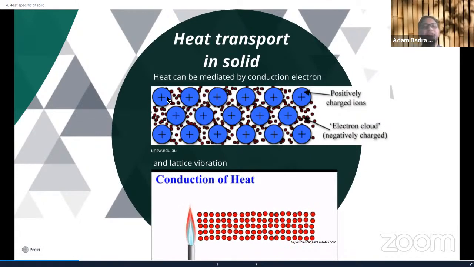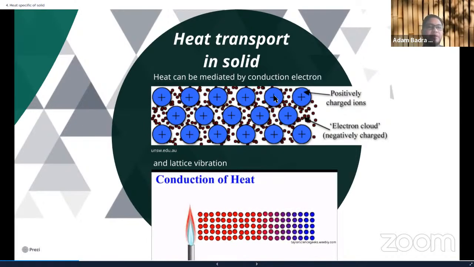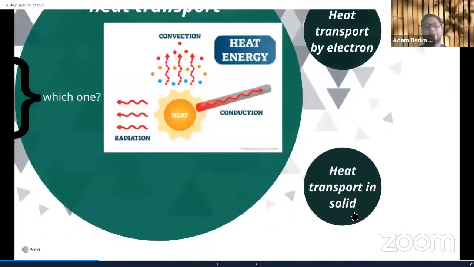Compared to the electron, it doesn't really move at all, because the mass of the proton is a thousand times larger, but overall they still have a collective vibration, and this vibration will be responsible for the heat conduction.